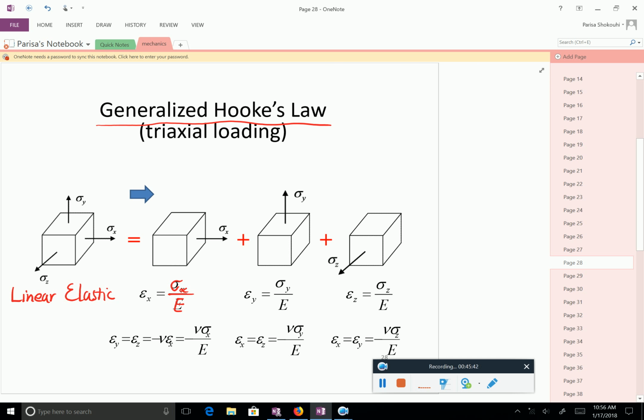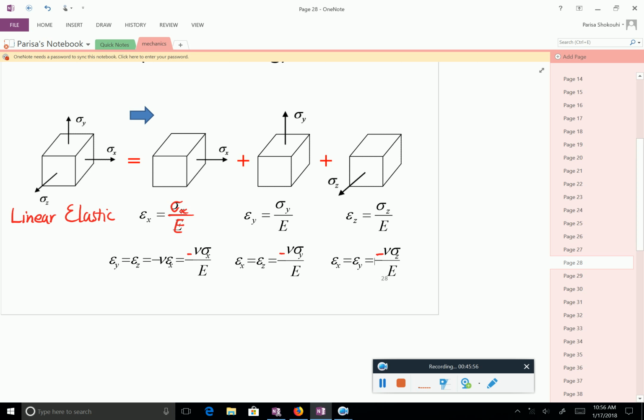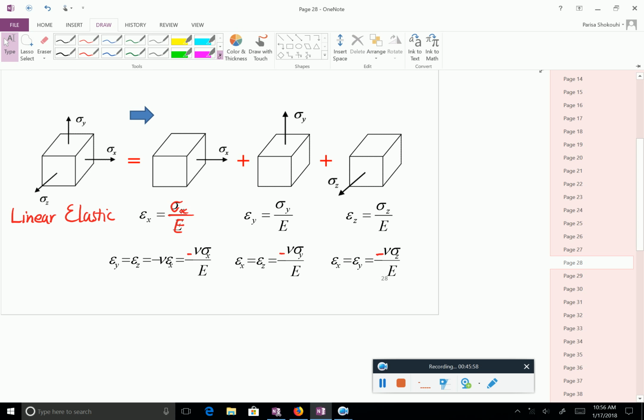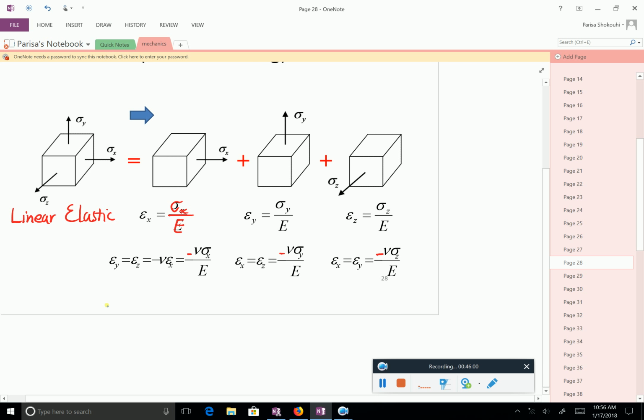This negative is not very clear when I look from the back. So here there is a negative sign. Now, for example, if I wanted to write epsilon x for the triaxial case, it would be this epsilon x plus this.